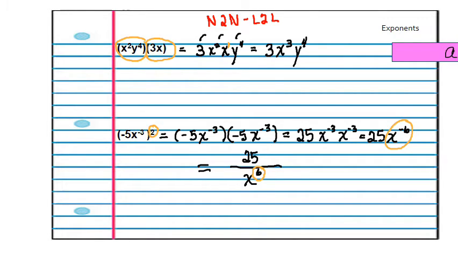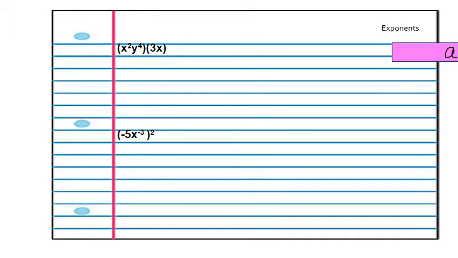Now, another way to look at this is to use power rule number 5, which is the power of a power. And we can actually apply the power to all the powers inside here. Remember that the 5 does have a little invisible power of 1.